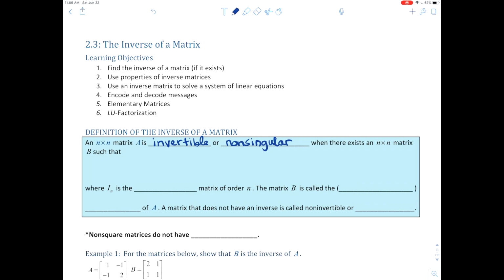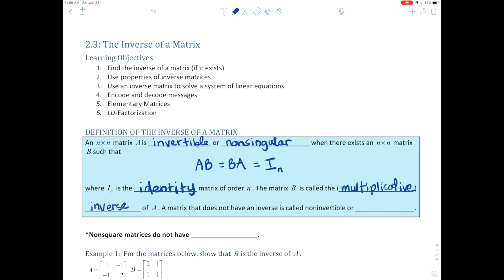When there exists an n by n matrix B such that AB is equal to BA, which is equal to the identity matrix of order n, where I_n is the identity matrix of order n. It's like deja vu. The matrix B is called the multiplicative inverse of A.